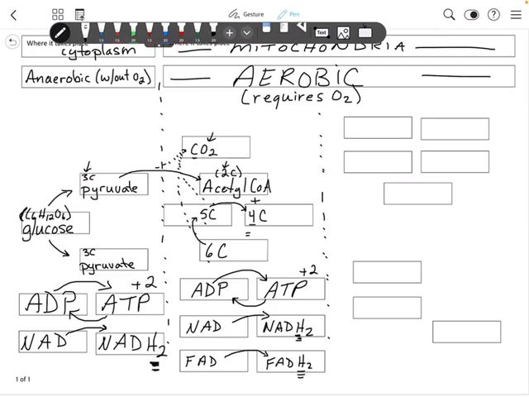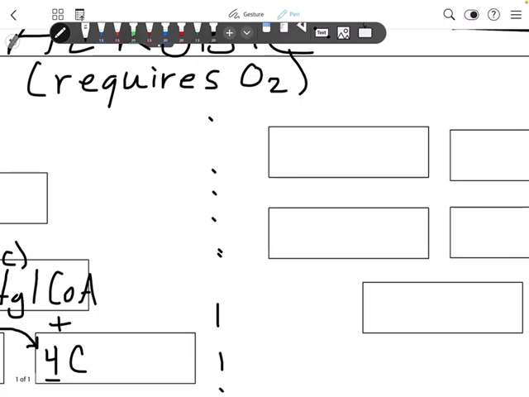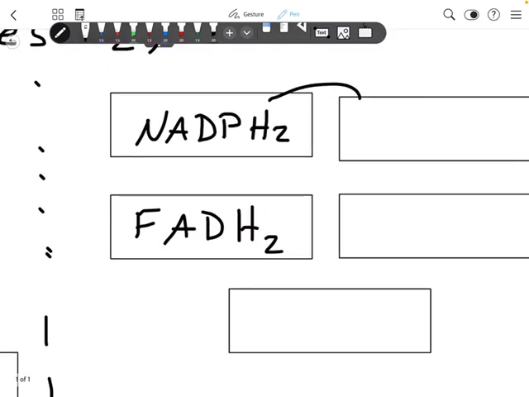Now, those electrons that we just were grabbing in both glycolysis and the Krebs cycle are here. I'm just going to rewrite them. NADPH2 and FADH2. They offload the hydrogens to form, back again, NAD.